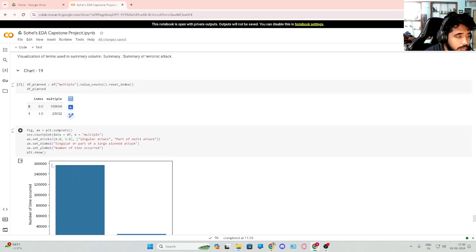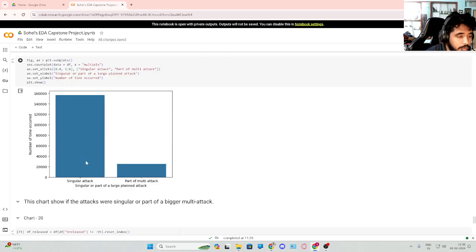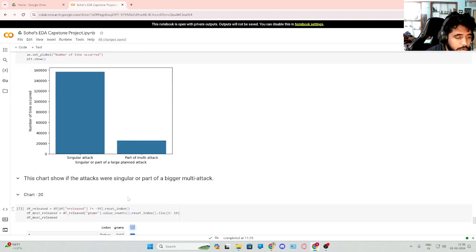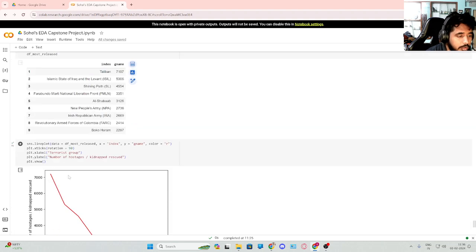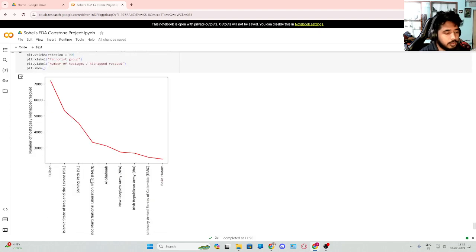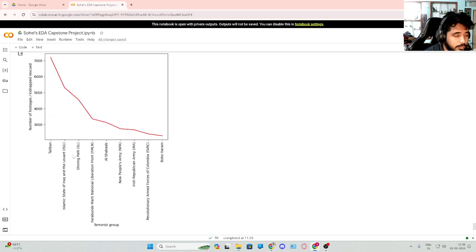In chart 19 we are doing a simple bar graph in which we are checking if it is a singular attack or part of a multiple, planned attack. So mostly terrorism occurs with singular attacks, but around 20,000 are part of multi attacks. And in chart 20 we are plotting a line plot of the number of hostages that were released by a particular terrorist organization.